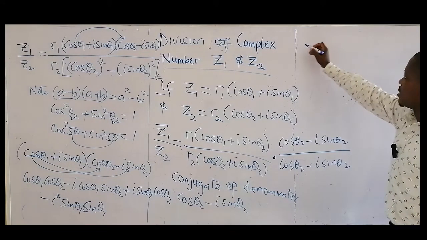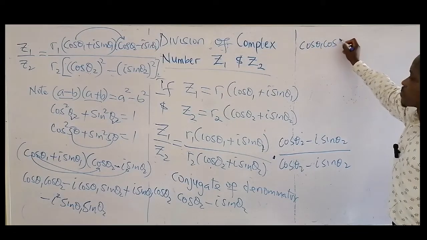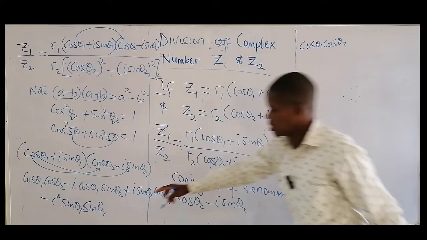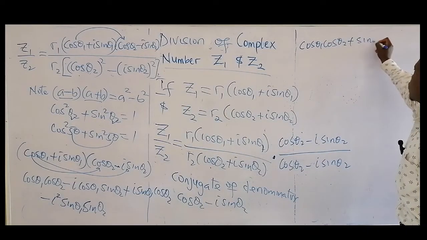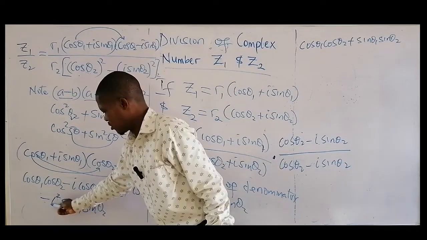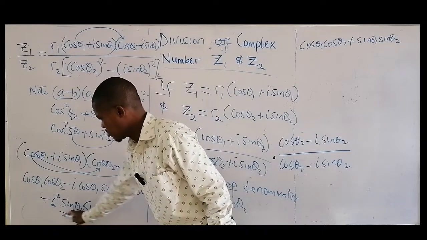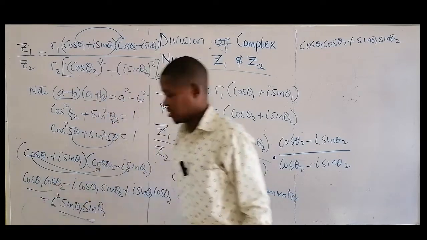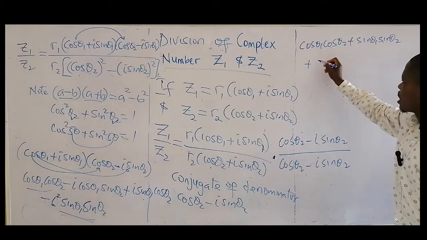We can put the real parts together. We have cos theta 1 cos theta 2, then plus sine theta 1 sine theta 2, since i squared is minus 1 and the minus before it makes it plus. So these two are the real part. Then we have plus i.